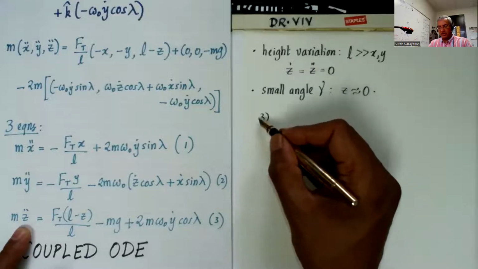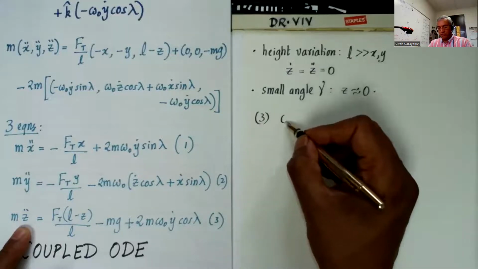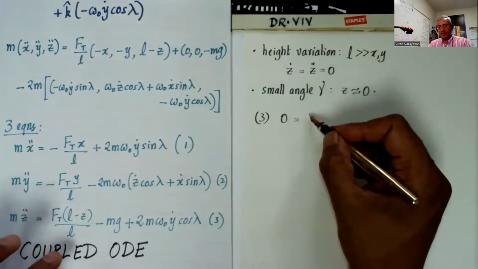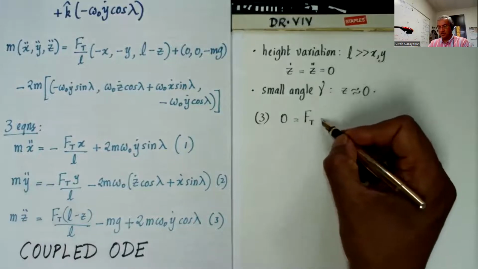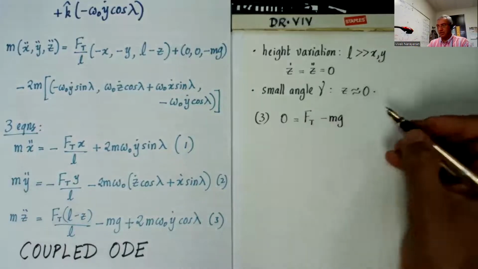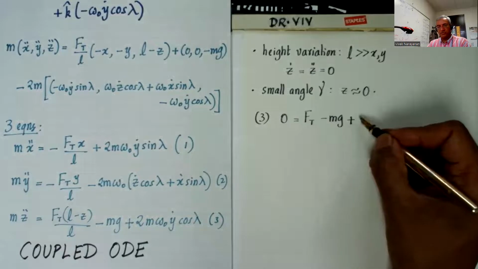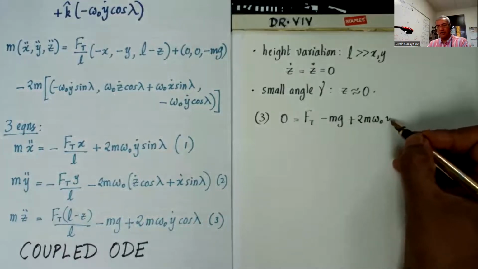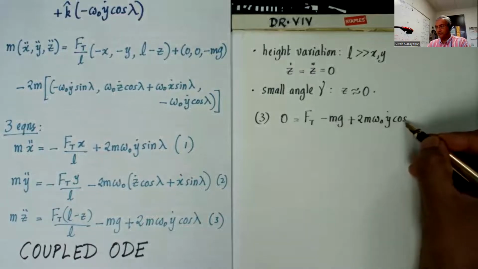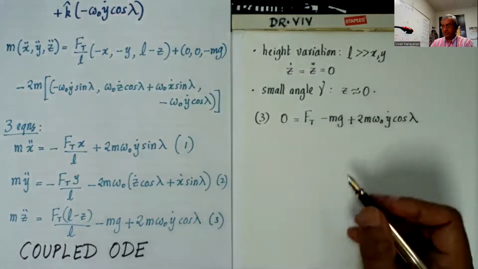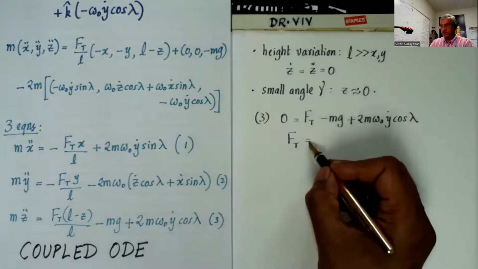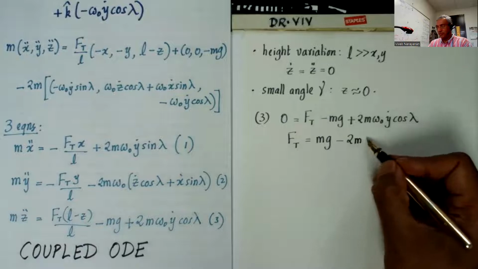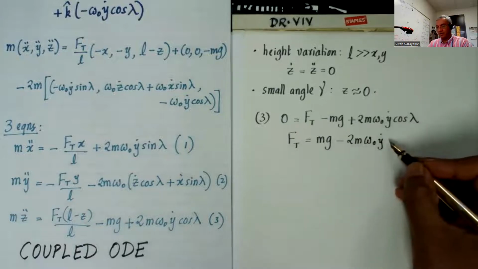So I'll look at equation 3 first. 0 equals, z is also 0, so that's just Ft L over L, which is Ft, minus mg, and then plus 2m omega naught y dot cosine lambda. The big advantage of using equation 3 is you now have an expression for Ft. Ft is mg minus 2m omega naught y dot cosine lambda.